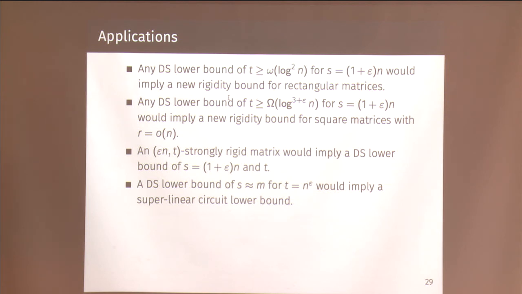Right, but now you want log squared. That's a very good point. So proving log to the 1.9 would essentially be proving the OMv conjecture in some sense for a linear data structure. And this would not imply any rigidity. No.